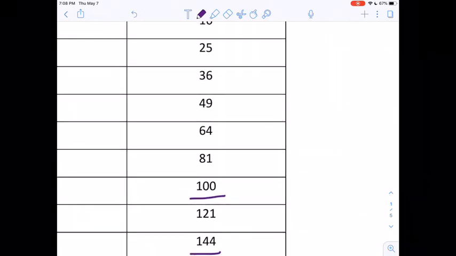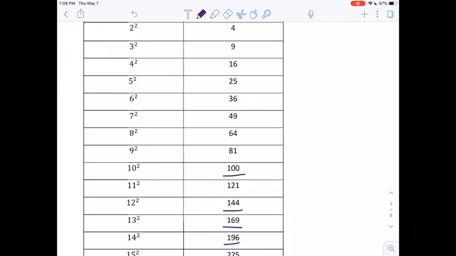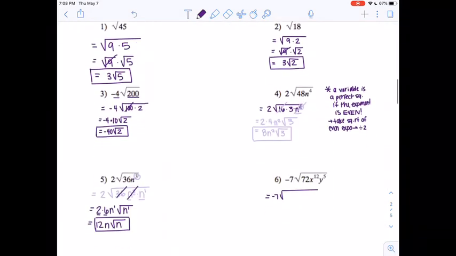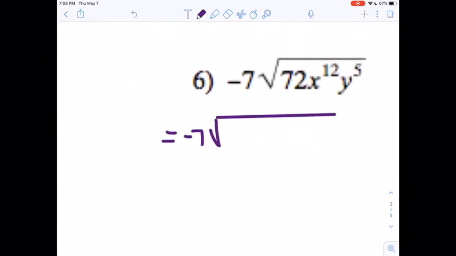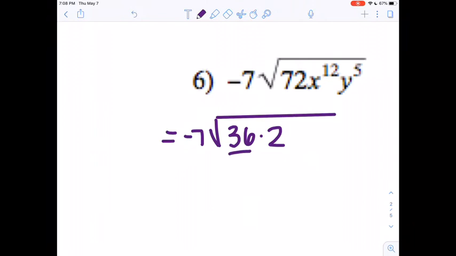So I'm going to do 72 divided by 64. That doesn't work. 72 divided by 49. That doesn't work. So then I'm going to do 72 divided by 36, and I end up getting 2. Okay, so 72 can be split up as 36 times 2, with 36 being my perfect square.